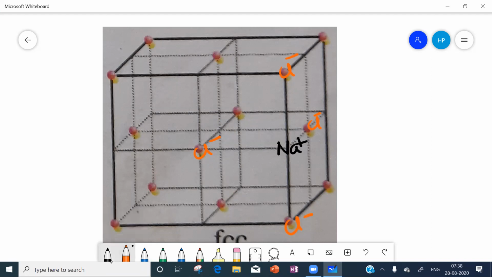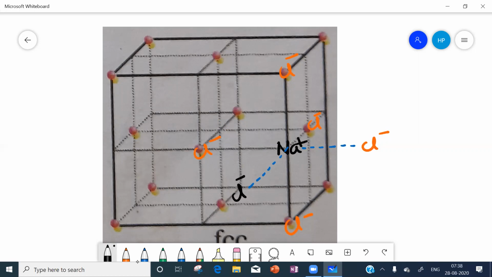Next neighbor we will continue. Here we will give a Cl minus. Next neighbor we said here Cl minus. For Na plus, the nearest neighbor is Cl minus.